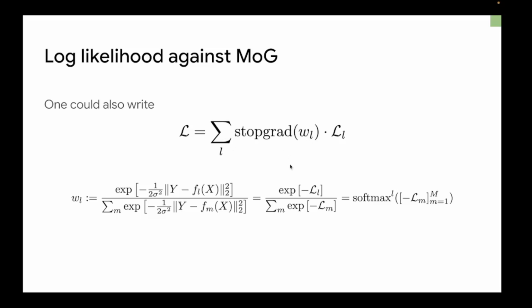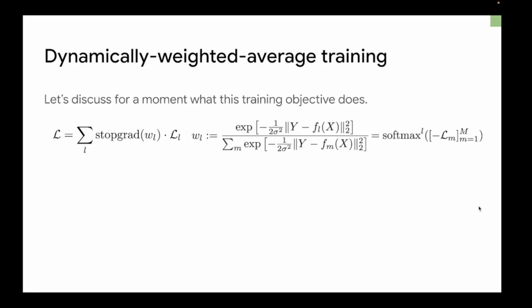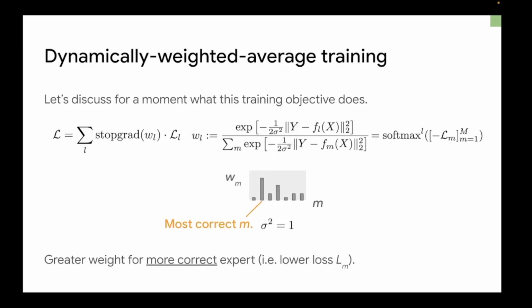So it's essentially the same, where w_L is given by the softmax over minus losses. What does that actually mean, right? What does softmax over minus loss mean? So if you plot w_m or w_L over different experts m, then you're going to see different heights, different values here. Well, actually, they should sum up to 1, right? Because it's a softmax value.